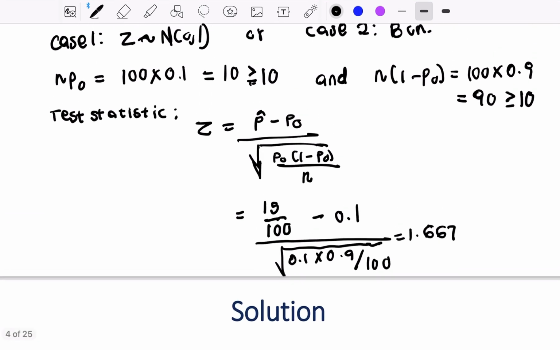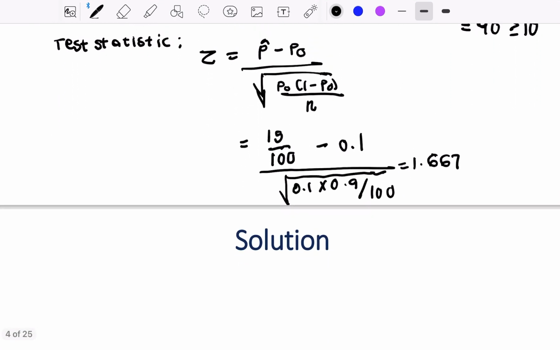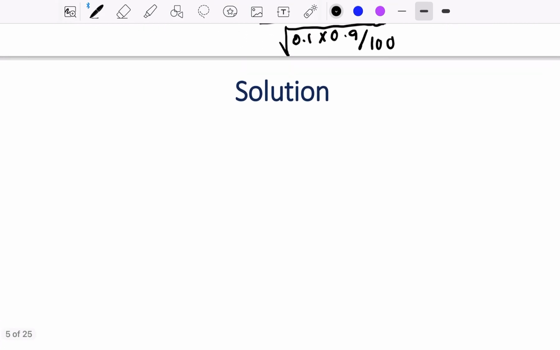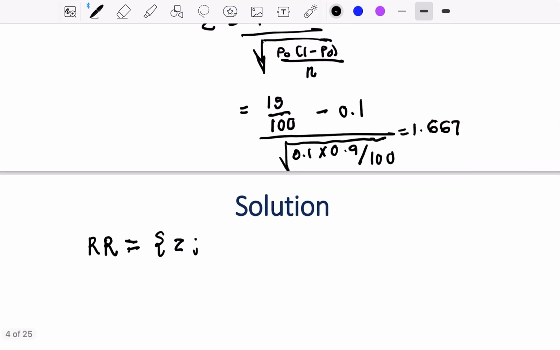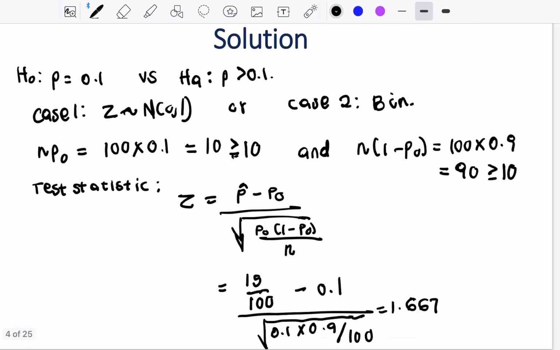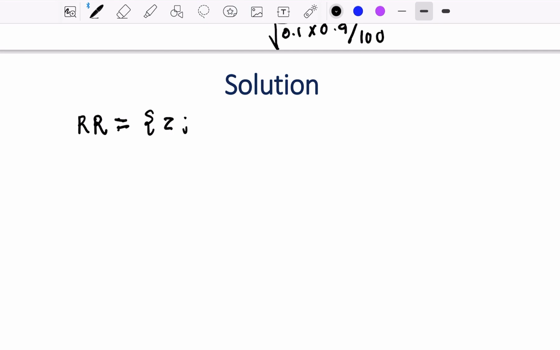1.667, right? So then now remember, we still need to make a decision, so we need our rejection region, right? And remember, this is our rejection region. It will be equal to z such that, okay, so remember you have an upper tail, so you will reject when the test statistic z is greater than the critical value, which is z of alpha, which is equal to 1.645, because you're dealing with a level of significance of 5%.